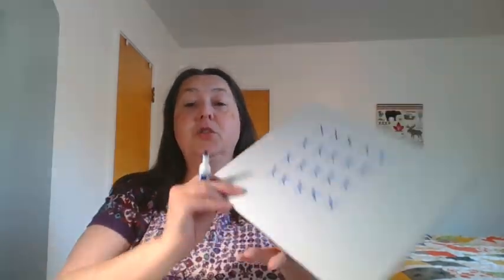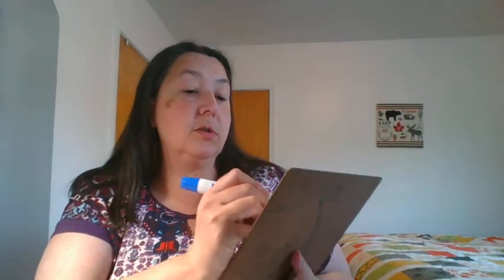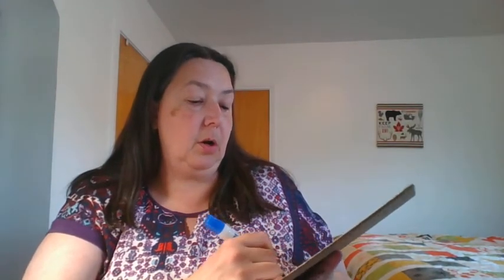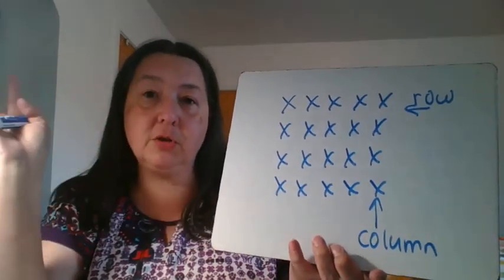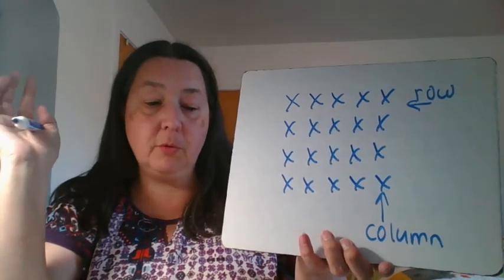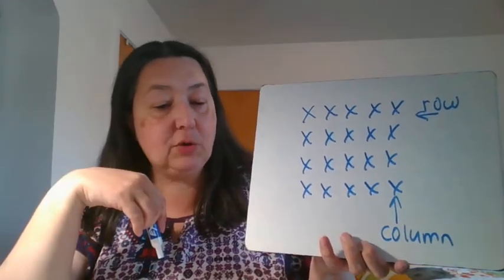I'm drawing X's today to show my rows and columns. Remember, this part is rows, this part is columns. So make sure we label those. You don't have to label them on yours, but I make sure to tell you so you can remember which way they are. So this says each row has 5 stickers.